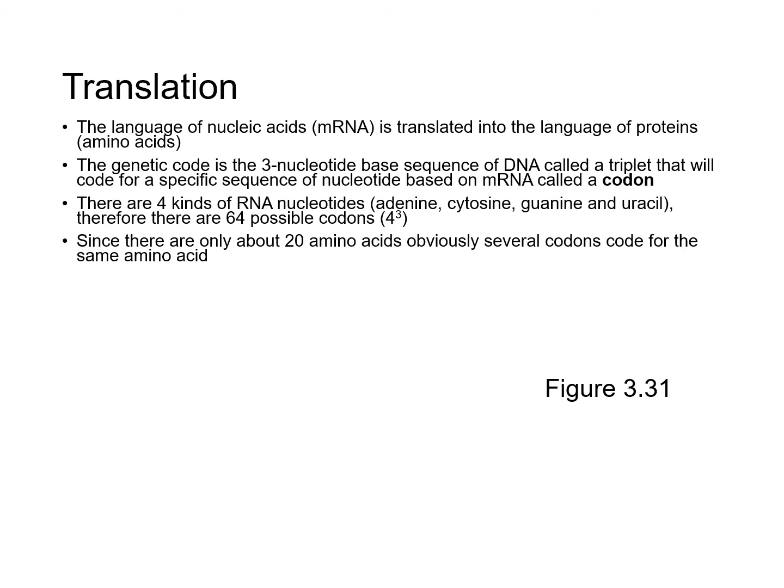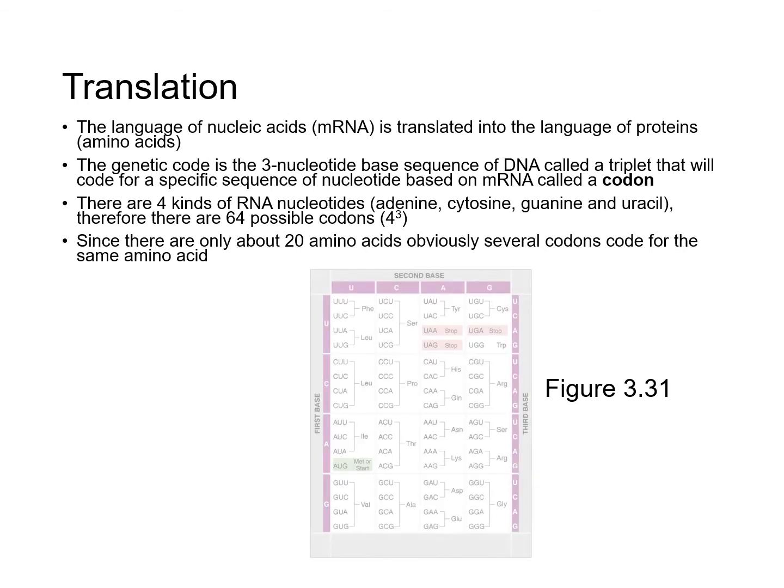There are only about 19 or 20 amino acids, so that means that several codons are going to code for the same amino acid. You also have what are called start and stop codons, which don't code for an amino acid, but initiate or terminate translation.